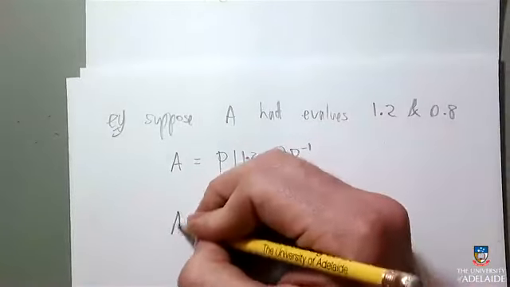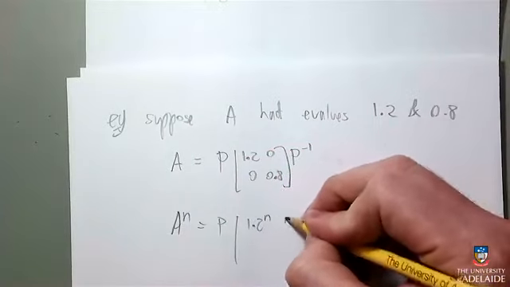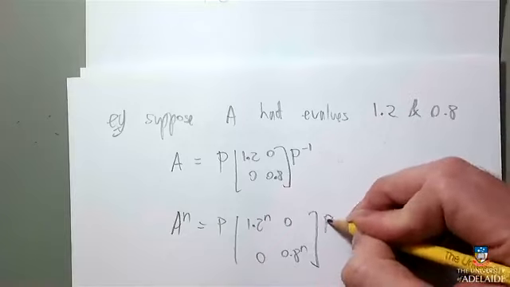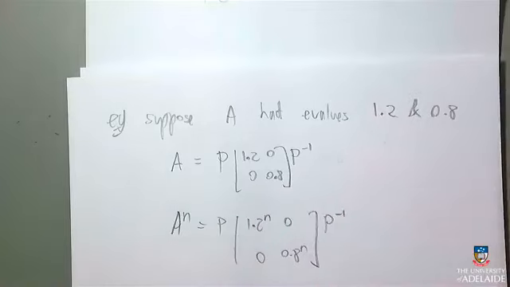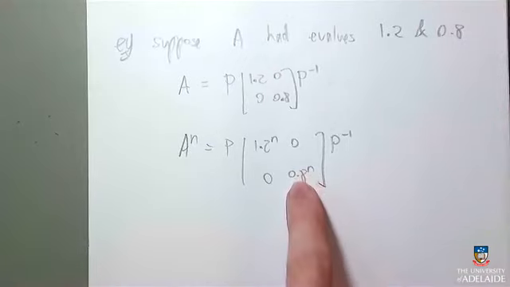And so A to the N will be P, D to the N, P inverse, like that. Because when you do a diagonal matrix to the power of n, you just do the entries to the power of n. Which means that when n goes to infinity, this bit goes to 0.